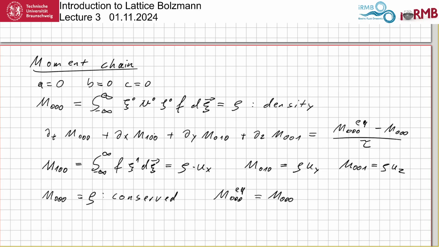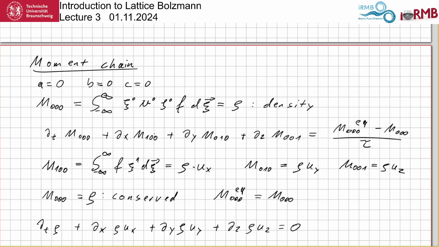So I can now put everything in a usual format. So dt rho, the time derivative of rho, substituting the moments by their physical meaning, is dx rho ux plus dy rho uy plus dz rho uz.